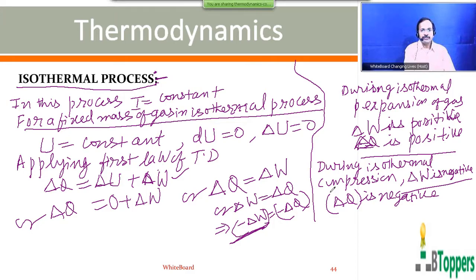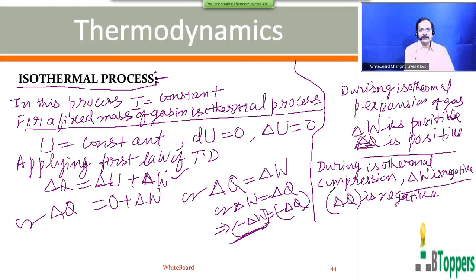So therefore, the perfect isothermal process is not possible because a perfect conductor is not available. But an isothermal process can be achieved approximately.